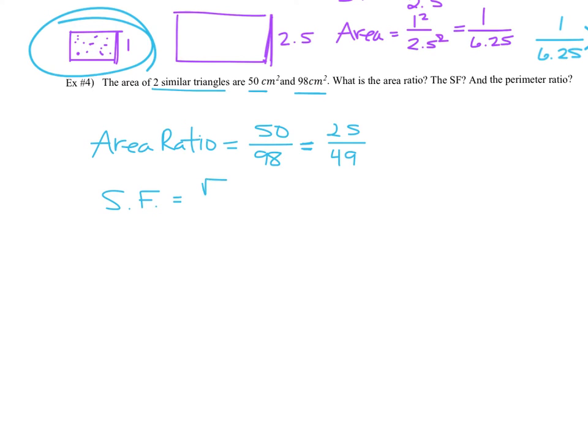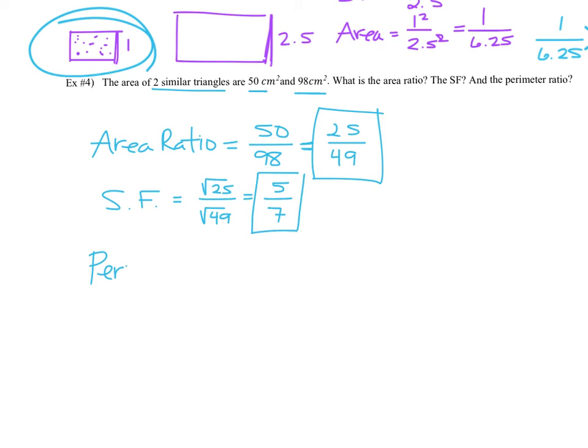So you're going to take the square root of 25 over the square root of 49, which makes your scale factor 5 to 7, okay? So area ratio of 25 to 49, scale factor of 5 to 7. What's the perimeter ratio? The same thing, same as the scale factor. So your perimeter ratio is 5 to 7.